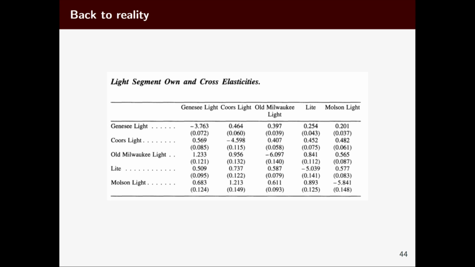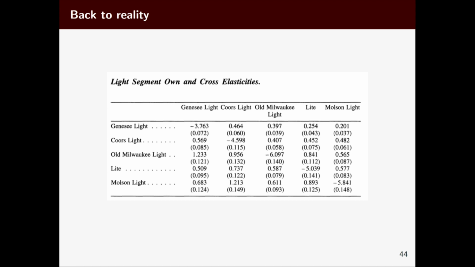And it's 3.763, which means that it is elastic. Okay. What does that mean? Well, if you are a manufacturer for Genesee Light, you've estimated an elastic demand given the current conditions. What that means is if you put Genesee Light on sale, then you're going to increase your revenues.